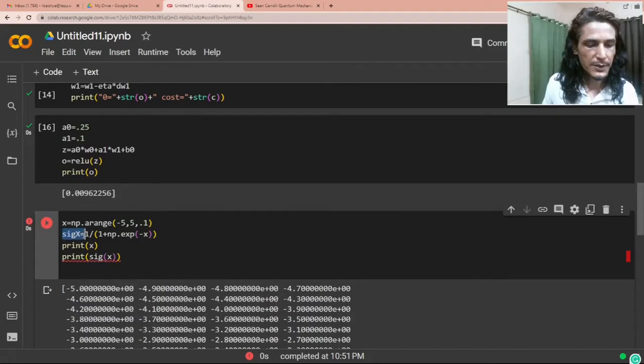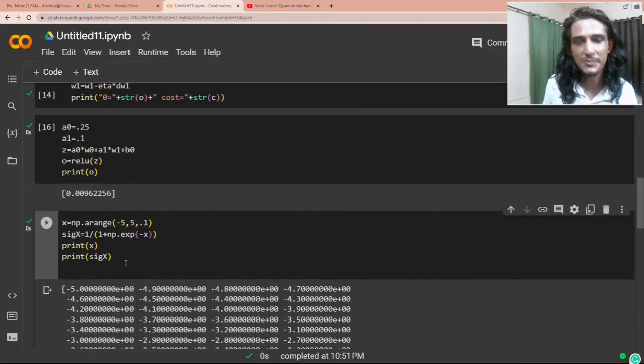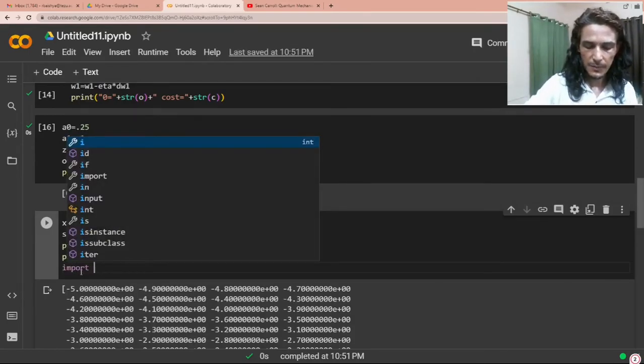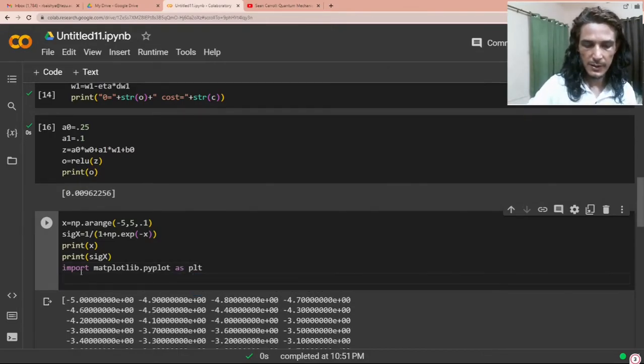Okay, some values are printed, but we want to see it in graphical view, so we'll import matplotlib.pyplot as plot. Then I want to plot x versus sigmoid of x. Let's see.